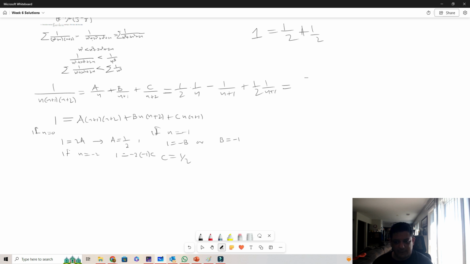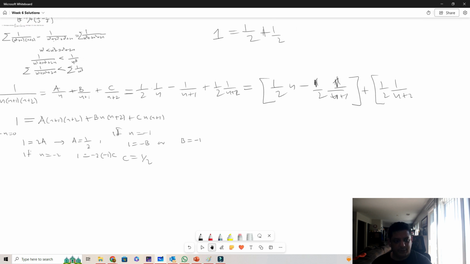And so this means that we can really see this as 1/2 times 1/n minus 1/2 times 1/(n plus 1), and then plus 1/2 times 1/(n plus 2) minus 1/2 times 1/(n plus 1).